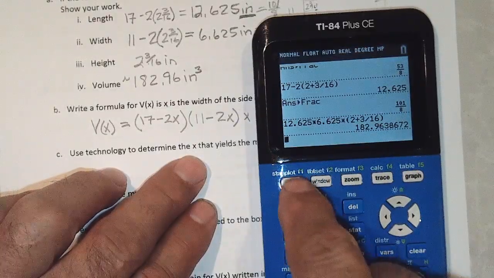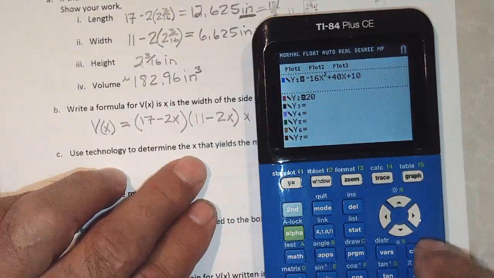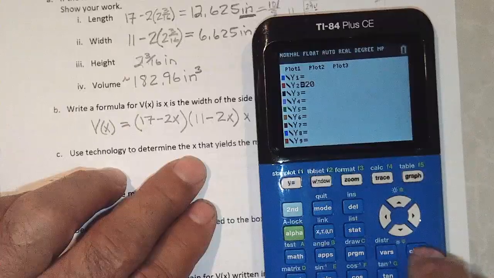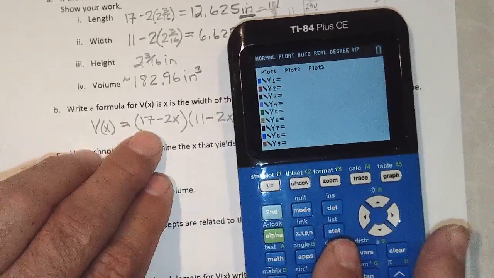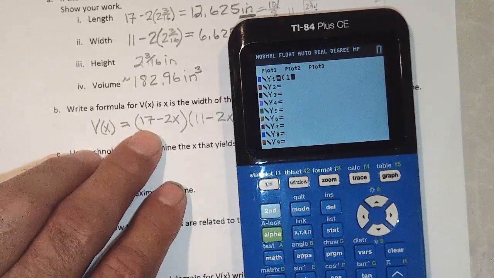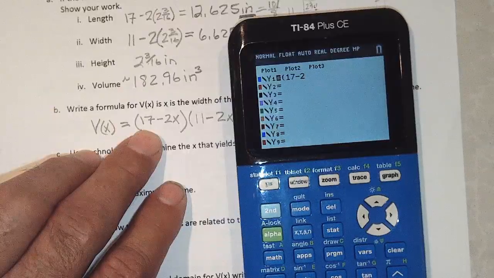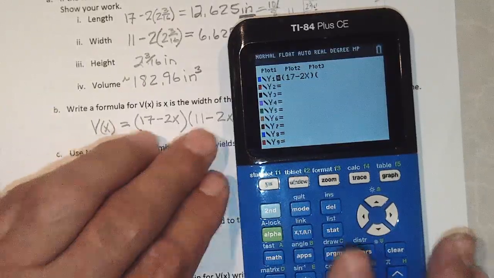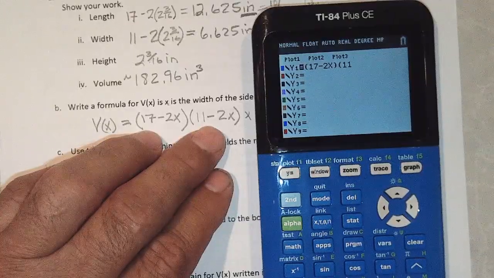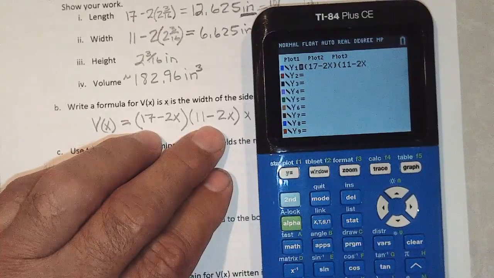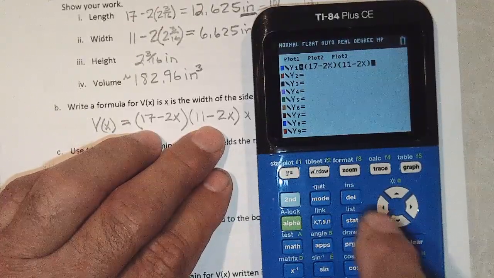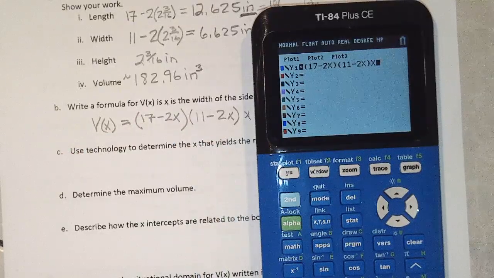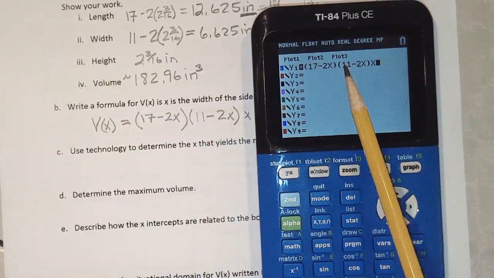And so I'm going to go to my graph, clear things, and I'm going to put in parentheses 17 minus 2x, 11 minus 2x, times x, length times width times height.